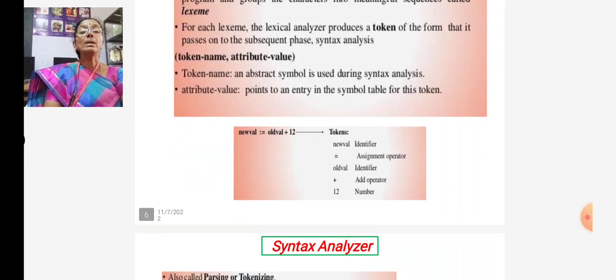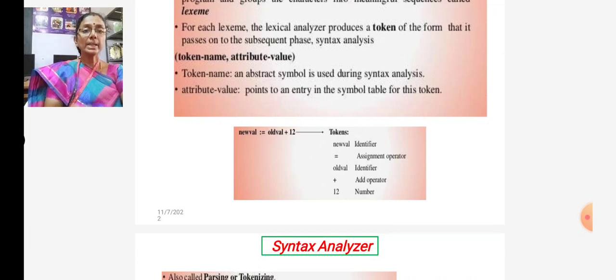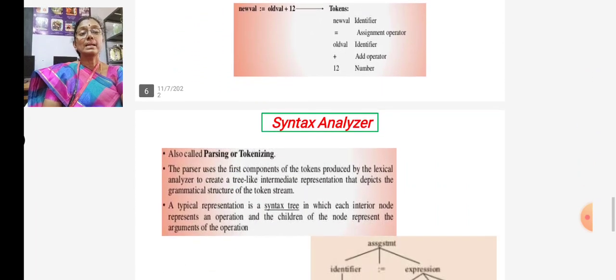For example, when you give int a, b, the output is: int is a keyword, a is an identifier, comma is a separator, and b is an identifier. That is the token output from the lexical analyzer.